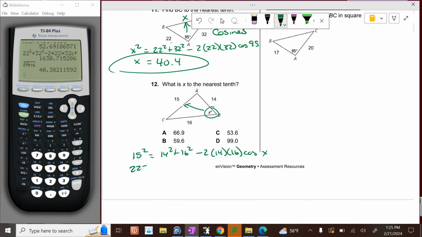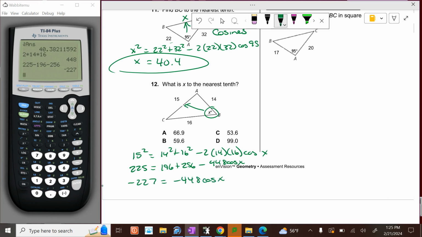So you multiply out your numbers. 225 is 196 plus 256 minus 448 cosine of x. So take 225 minus 196 minus 256, which is negative 227, equals negative 448 cosine of x.